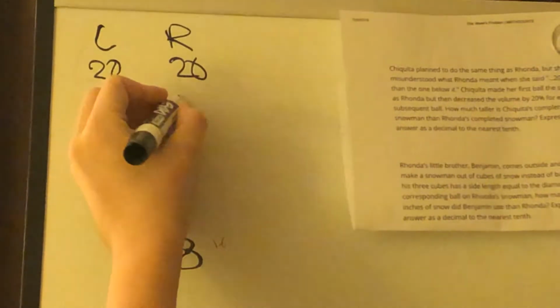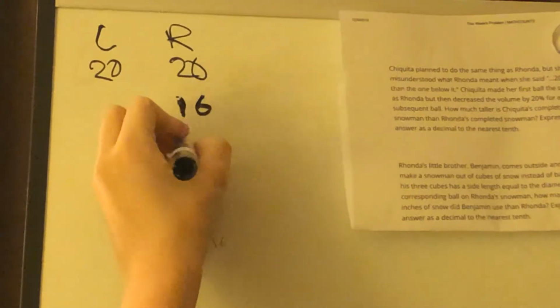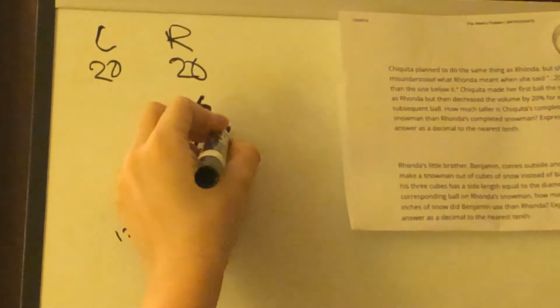So we know this is just 20, 16, and 12.8. But what is it here? Well, remember how we multiplied 20 by 0.8 to make the 16? That's when we're working in 1 dimension.